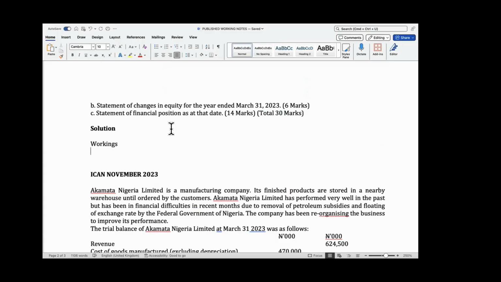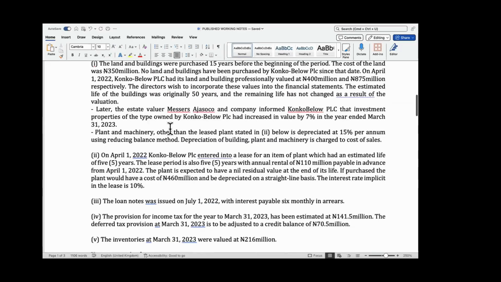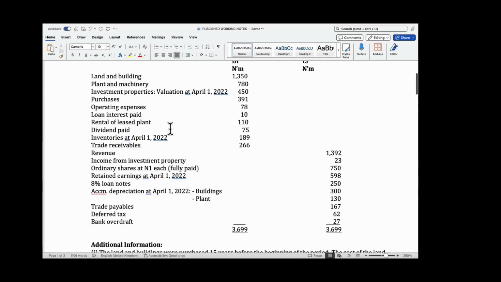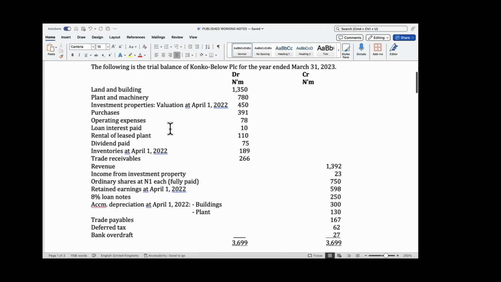And in the ICAN exam, time is of utmost importance. Your eyes need to be set on the time. As soon as 50 minutes is on the dot, just move to another question. Otherwise, you might not pass. If we spend too much time on a question, that's why some people fail.